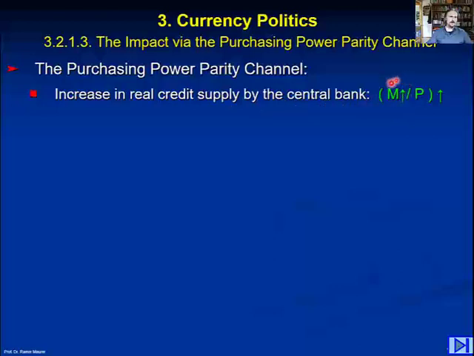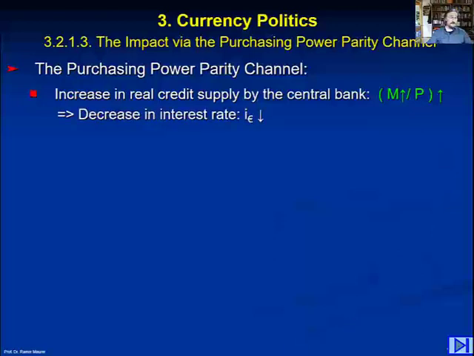Real credit supply is the money supplied by the central bank divided by the price level. So real credit supply tells us how many units of GDP can be bought with the amount of money the central bank prints. This fraction gets larger if the central bank prints more money and offers this additional money on the capital market.